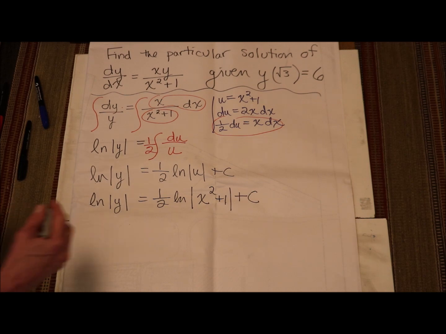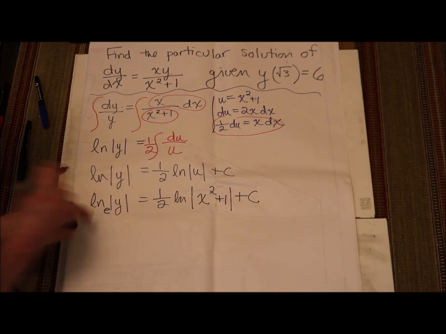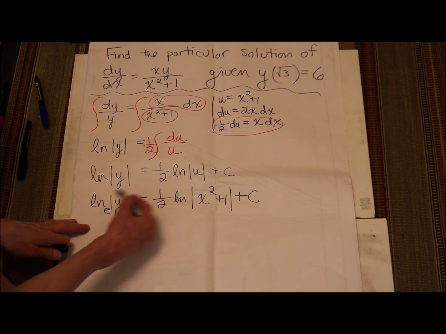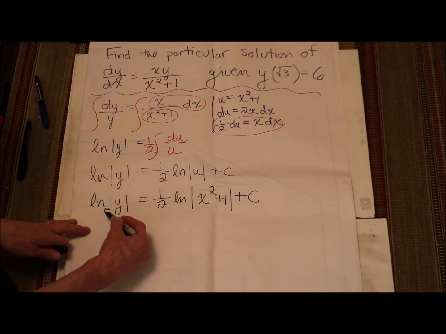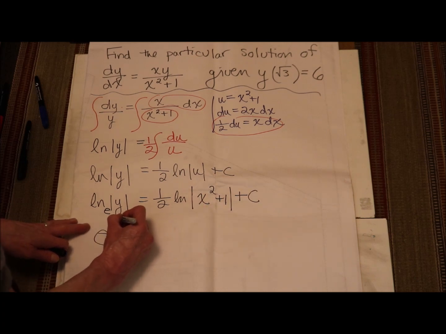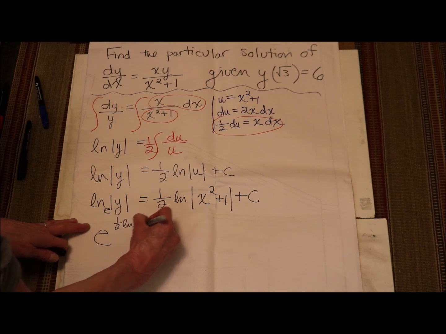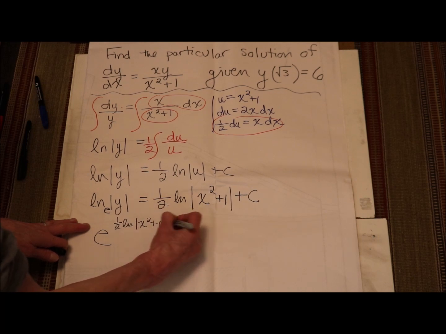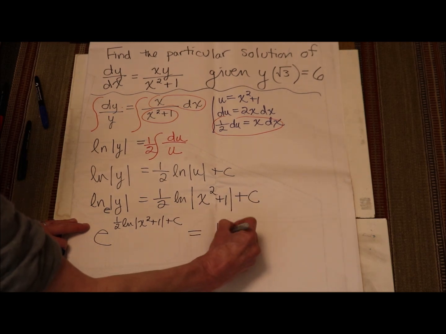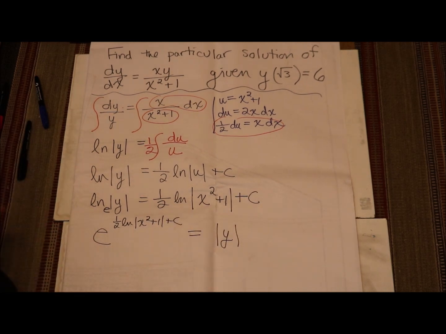Well, you can always remember there's a little invisible e as a base. So I'm just going to rewrite my log thing into exponential form. So it's e raised to the 1/2 natural log of x squared plus 1 plus c. That's all on the exponent, equals the absolute value of y.